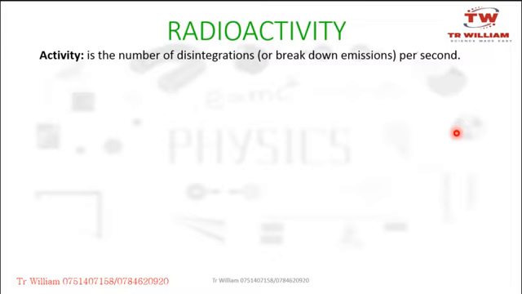So when we are looking at an element or a nucleus which is decaying, we are looking at the number of particles being emitted every second. These particles, remember, are the radiations: they may be alpha, beta, or gamma rays. That's what we call activity. And if you move on to advanced physics, you realize that this activity, or the number of particles moving out, depends on the number of particles present.